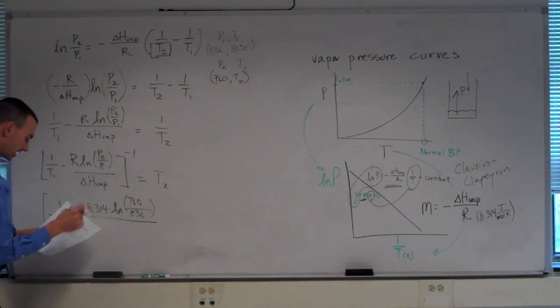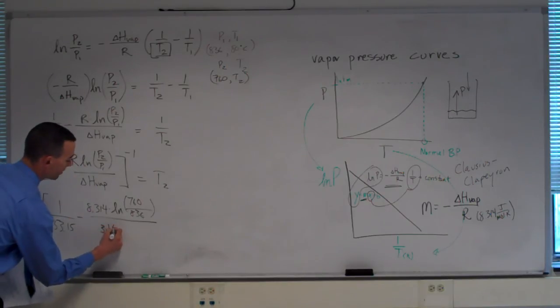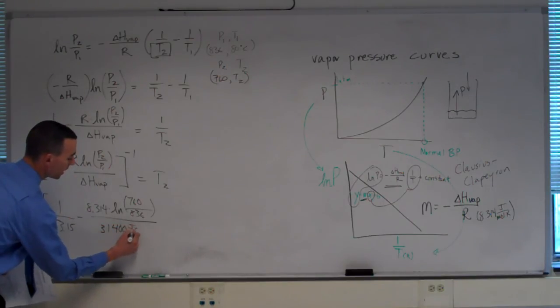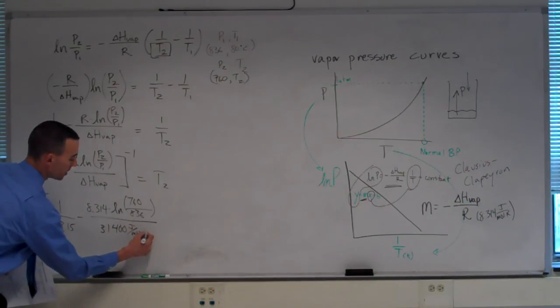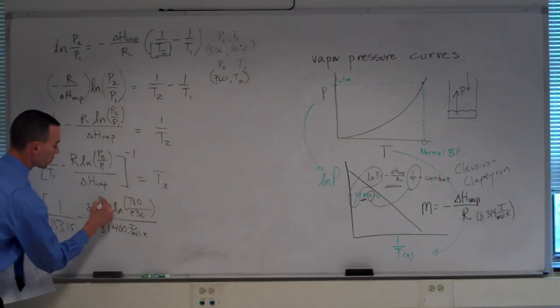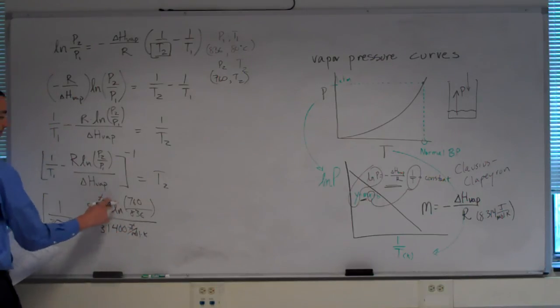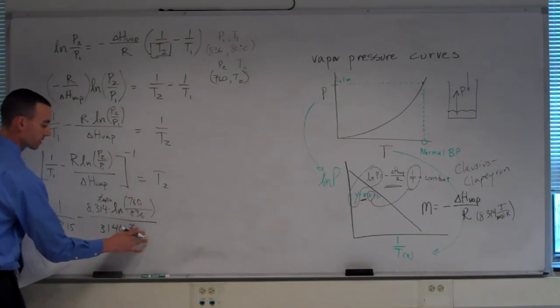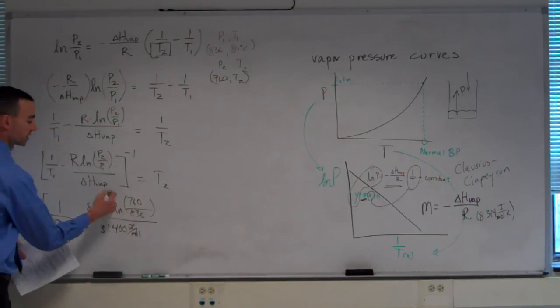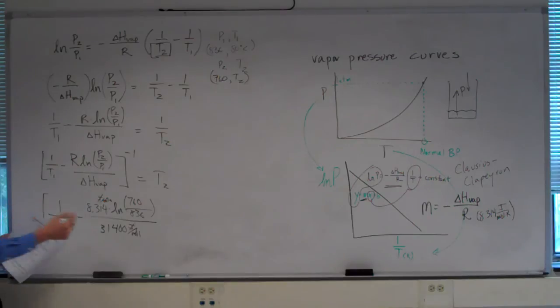Now I calculated it in the last example, 31,400, and I am using the joules because this R is in joules per mole Kelvin, which I did not write. So that way my joules per mole cancel out. Okay? I'm going to have kelvins left as my unit ultimately.